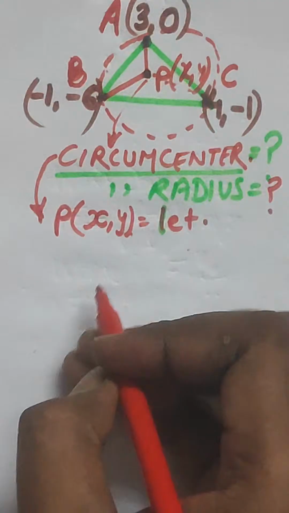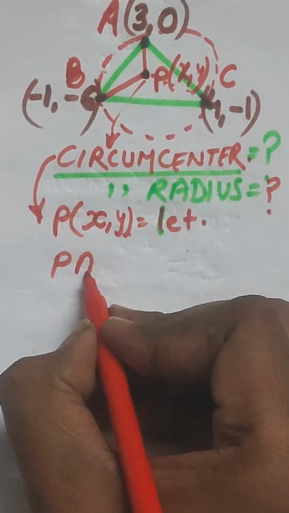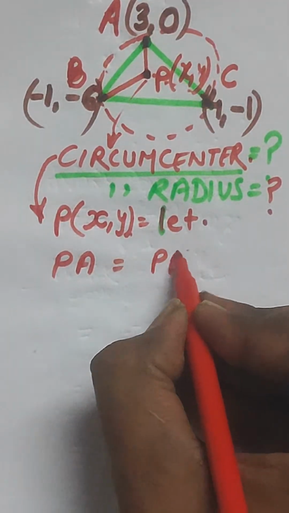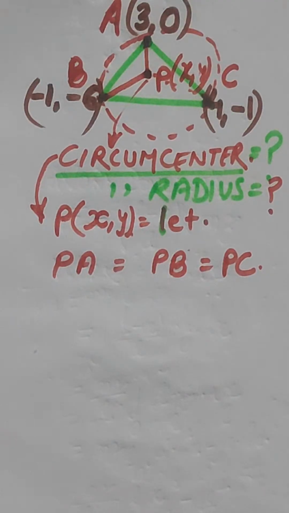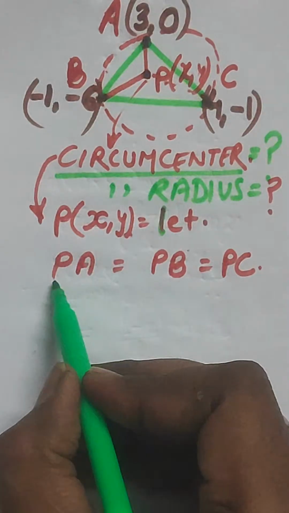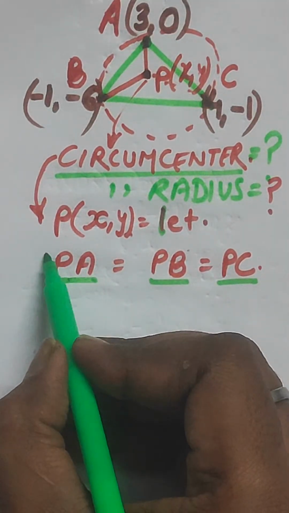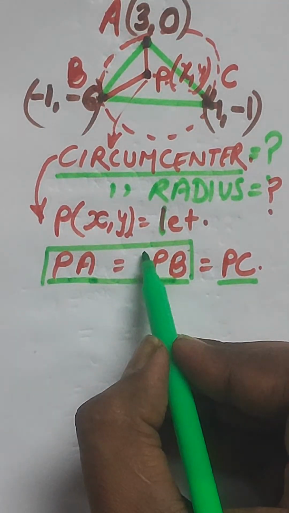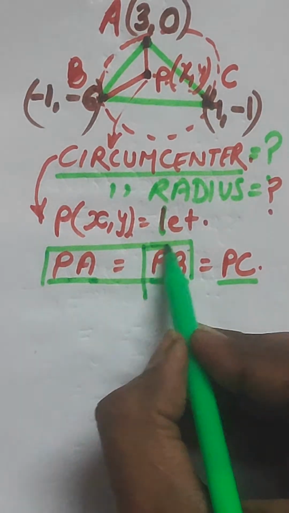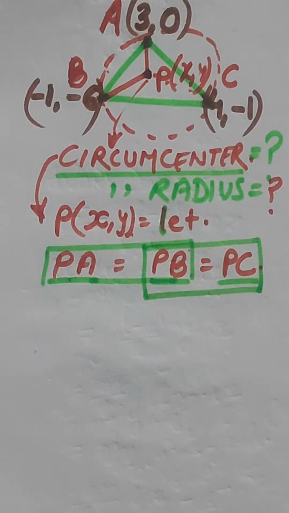So, since P is the circumcenter, we can say that PA is equal to PB is equal to PC. Any doubt in this, students? I don't think so. Right? If PA equals PB equals PC, then we will use the relation PA equal to PB at one point and PB equal to PC at another. This will give us two equations, right?